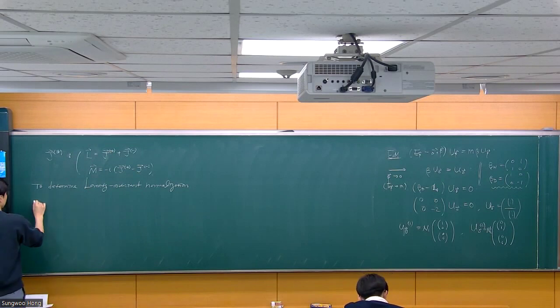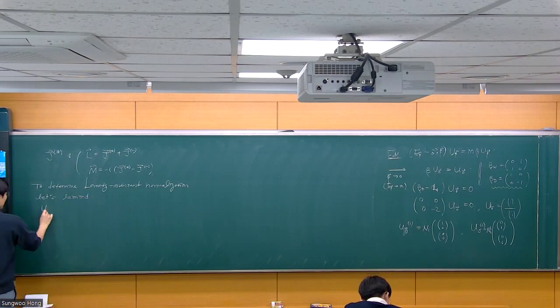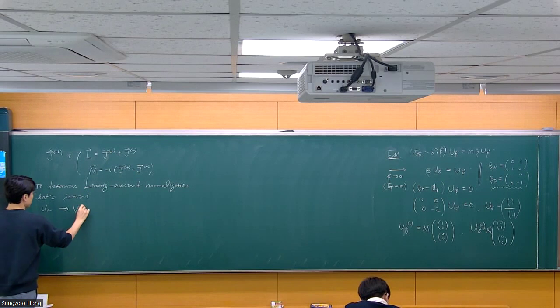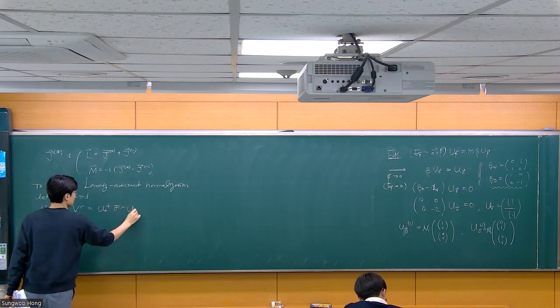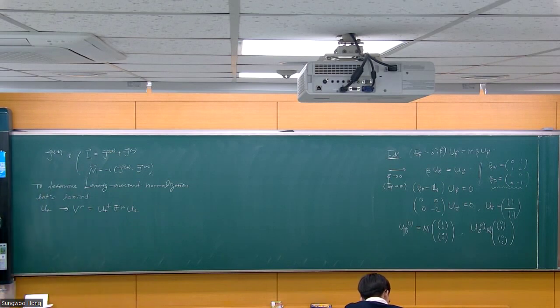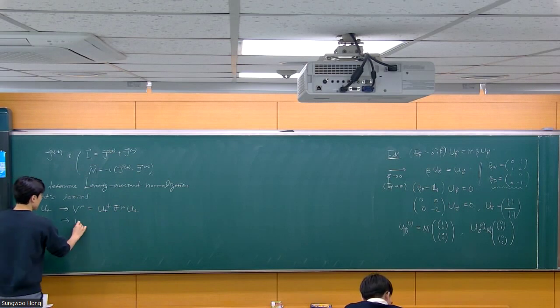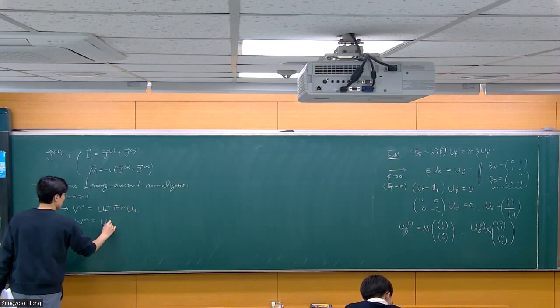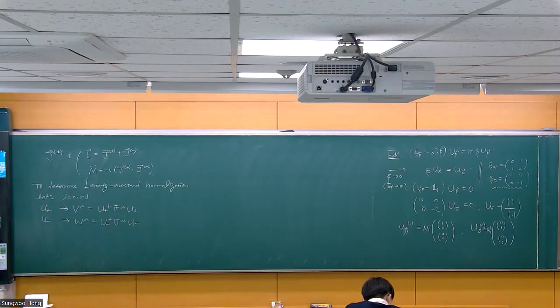So let's remind ourselves that with the u plus, we constructed a vector which took the form that has sigma bar u plus, right? And that's how we constructed the Lorentz invariant Lagrangian before. And then with the u minus, we constructed another one, which looked like this.